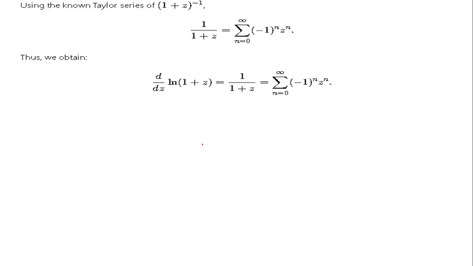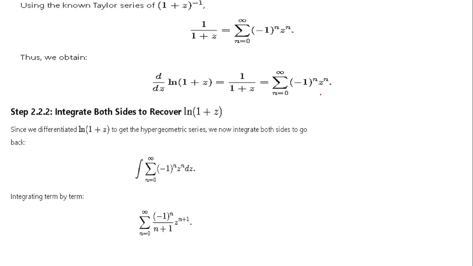So we're using the known Taylor series. We know where this one came from, right? So therefore we have obtained this. We have shown that this is equal to this. If you are following me, yes. If you are not following me, you say no.